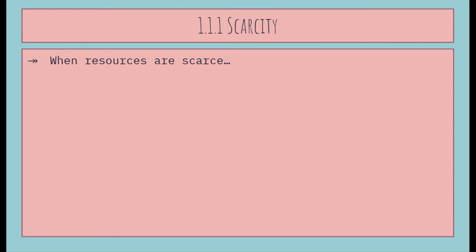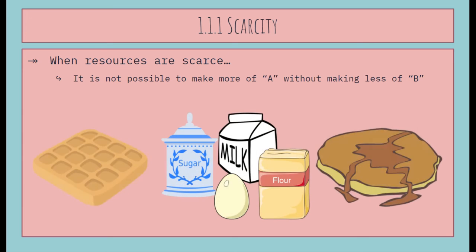When is a resource considered scarce? If it's not possible to make more of one good without giving up some of another good, then the resources used to make those goods are scarce. Here's an example. Let's say I have all the resources that I need to make one pancake or one waffle. Let's assume they're the same.